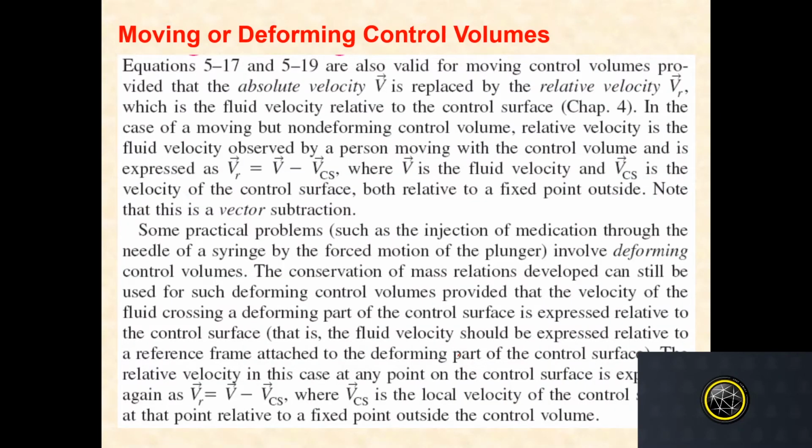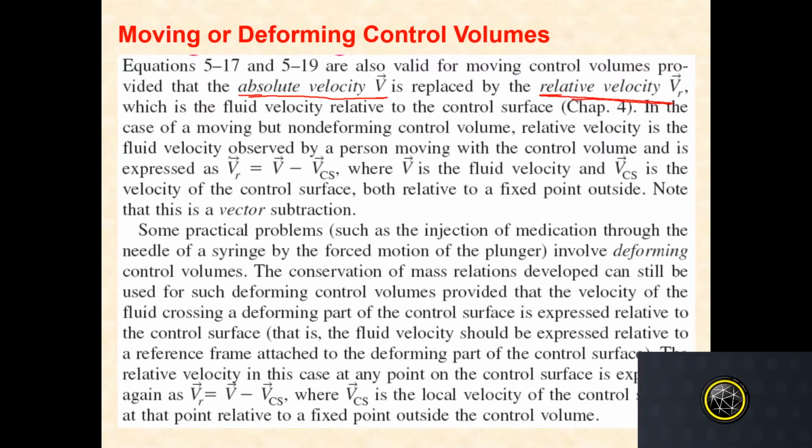For moving or deforming control volumes, there is a special case where the control volume is changing its shape or is moving. For this kind of case, there's a slightly special way to deal with it, where instead of using the absolute velocity, we need to use the relative velocity (VR).